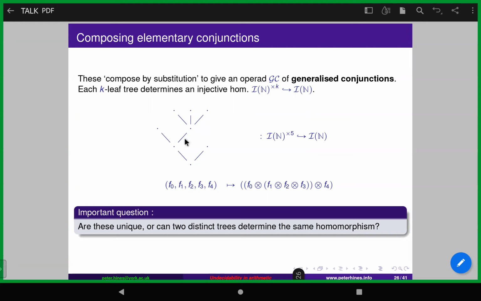We've got a binary branching, a twofold conjunction, and another binary branching giving us a twofold conjunction again. We plug these together simply by substitution, and we arrive at a monoid homomorphism from 5 copies of the symmetric inverse monoid on the natural numbers to a single copy. Then an important question is: do the trees uniquely determine homomorphisms, or can 2 distinct trees determine the same homomorphism?